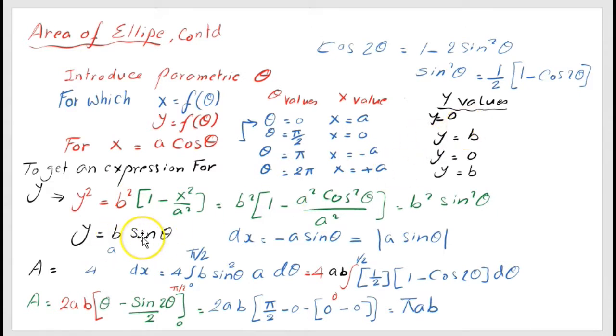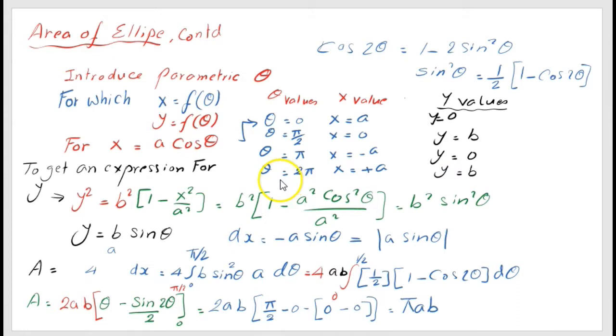Again, we are going to check the values of theta against our ellipse to see whether we are right or wrong. If theta equals 0, then our y value will be equal to 0, which is true. For theta equal to pi over 2, we get sine equal to 1 multiplied by b, so we get b here. For theta equal to pi, sine pi equals 0, so y equals 0.